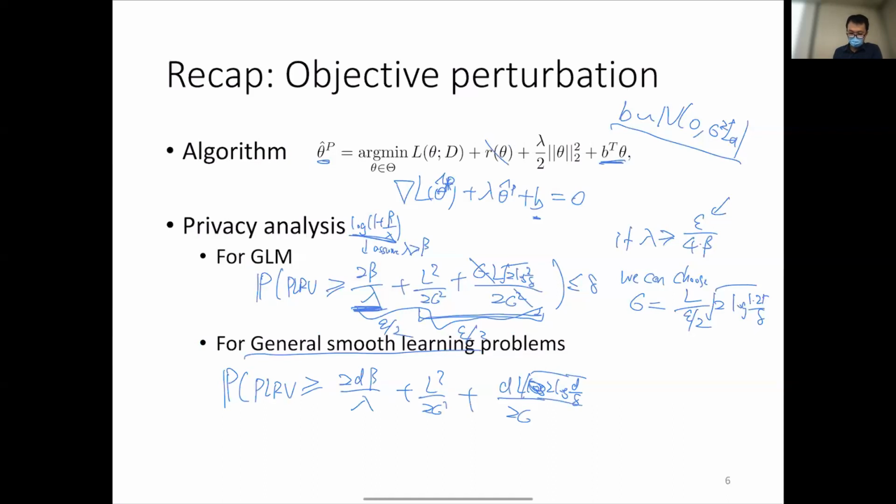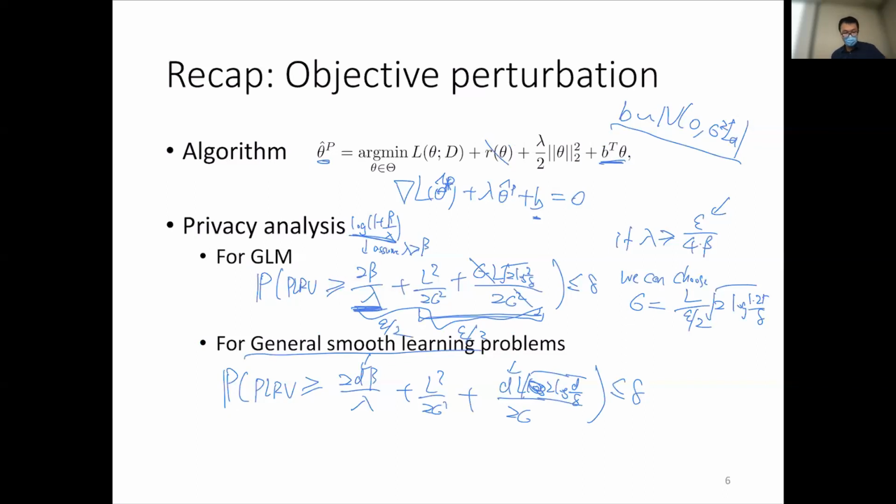So this d and that d are in addition to what we got for the generalized linear model, but this is something we can show by just using a weaker bound that takes care of the dependence in the last term of the privacy loss random variable.